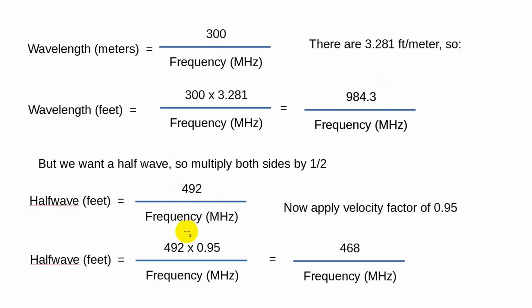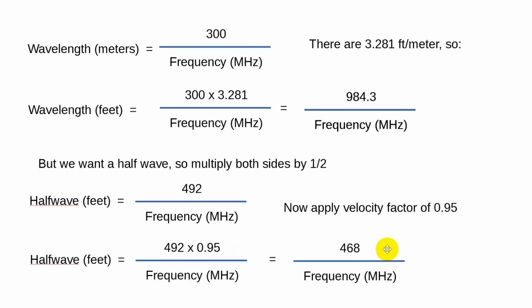This is the electrical length of a half wave in a vacuum, so we need to do it in copper. So we have to multiply it by the velocity factor of 0.95 right there. So the half wave in feet is 492 times 0.95 divided by the frequency in megahertz, and lo and behold, look what we come up with.